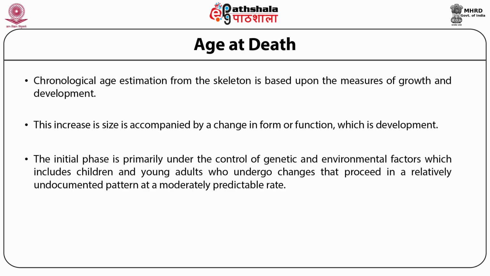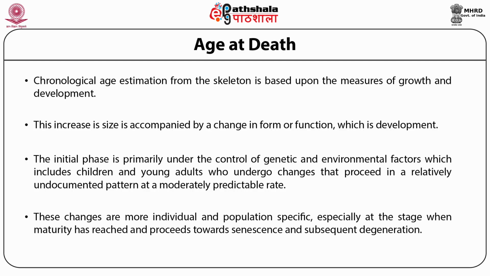The changes related with age in an adult skeleton are quite prominent and significant once maturity is reached. These changes are more individual and population specific, especially at the stage when maturity has been reached and proceeds towards senescence and subsequent degeneration.